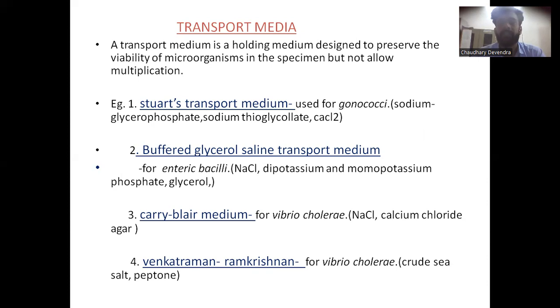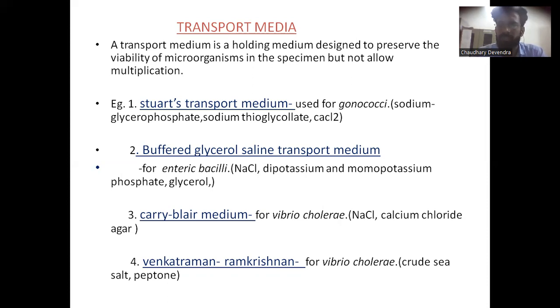If we collect a sample in our college and there is no facility to test a particular sample, we send it to another laboratory. So there is a time delay between sample collection and testing. For the preservation of viability, we use transport medium.